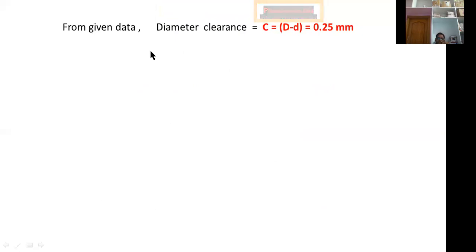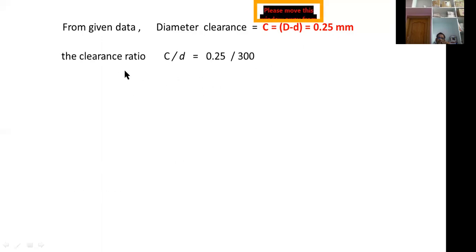Now, for calculating the amount of heat to be removed, first of all you have to find the value of coefficient of friction. For that purpose, from the given data, diameter clearance C equal to 0.25 is given. Therefore clearance ratio C by D equal to 0.25 by the diameter of the shaft, that is 0.25 by 300. This is the diameter clearance ratio.